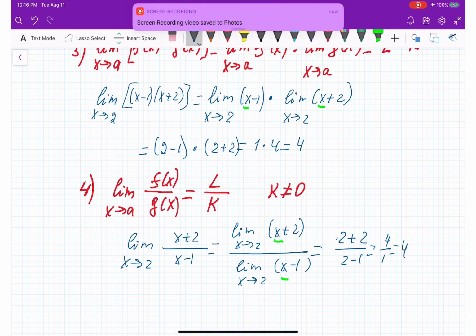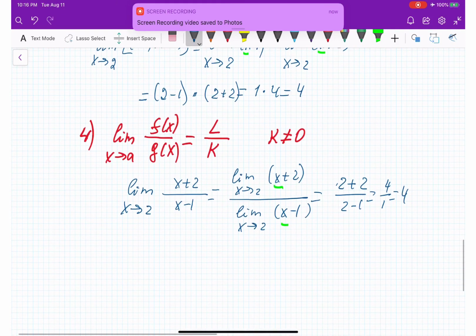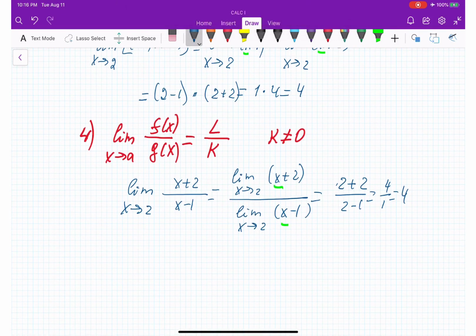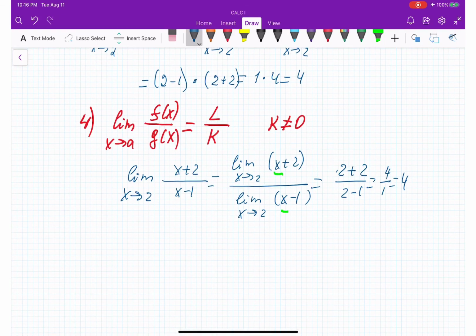And lastly, the property of power. What do we have?